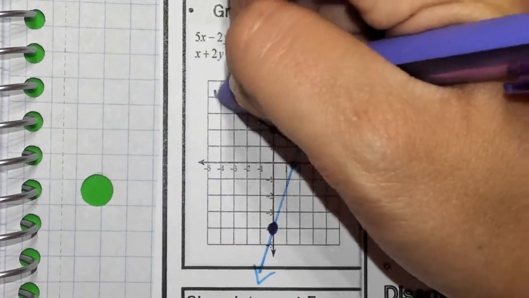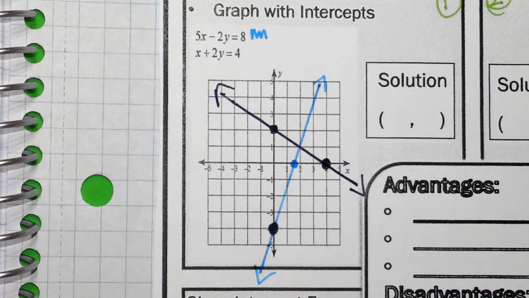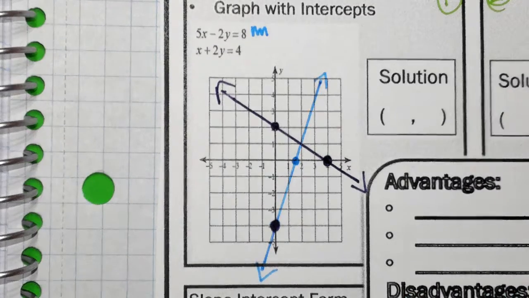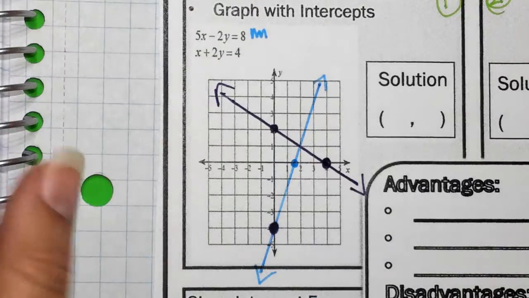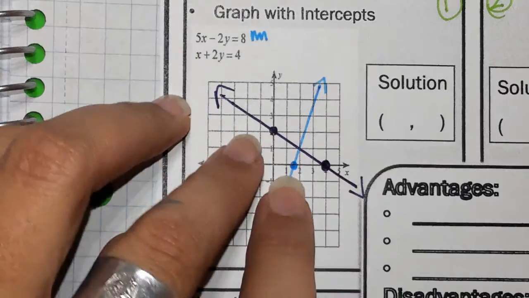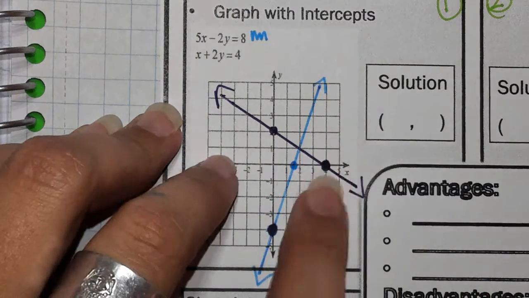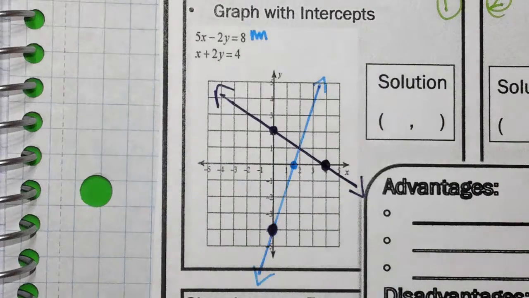I thought we go up like on that line. So, okay, you were using it as your slope, correct? You don't do that. Since we're finding our intercepts, and that's a great thing for me to point out, we found our intercepts. Our x-intercept was 4, our y-intercept was 2.